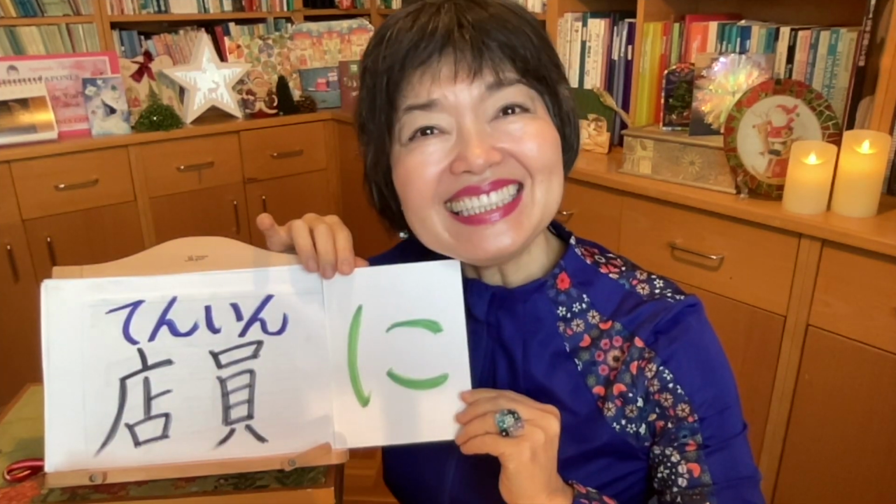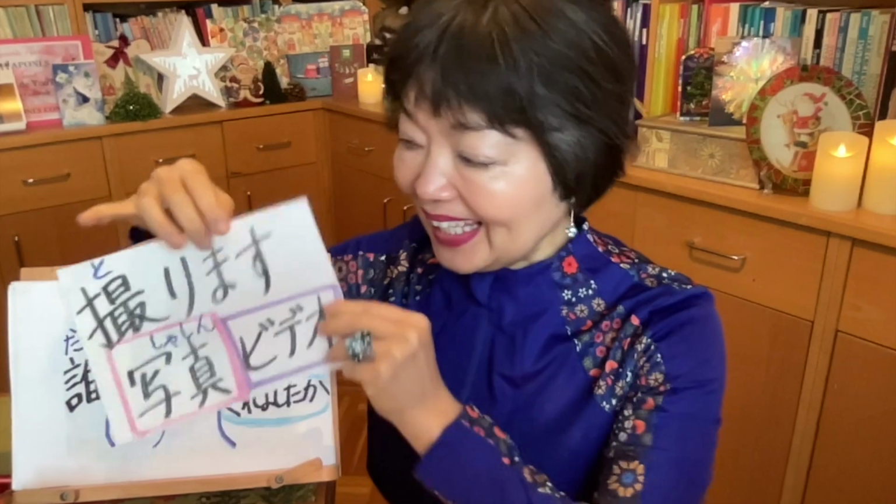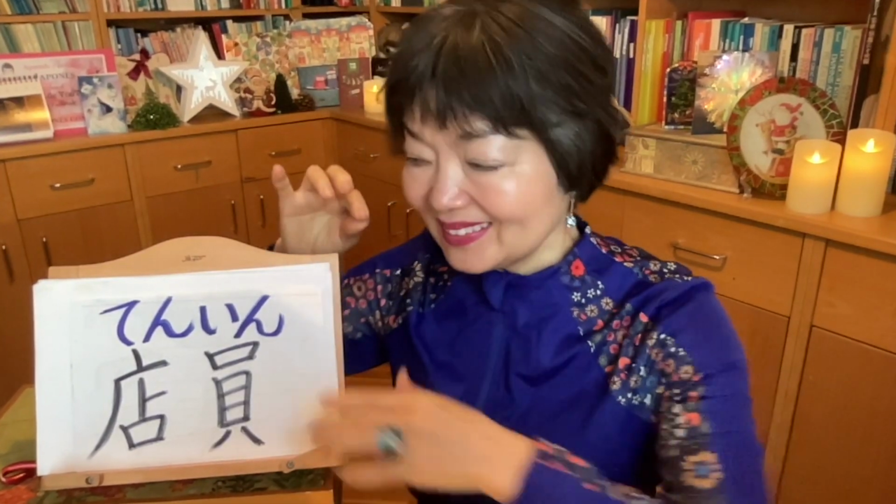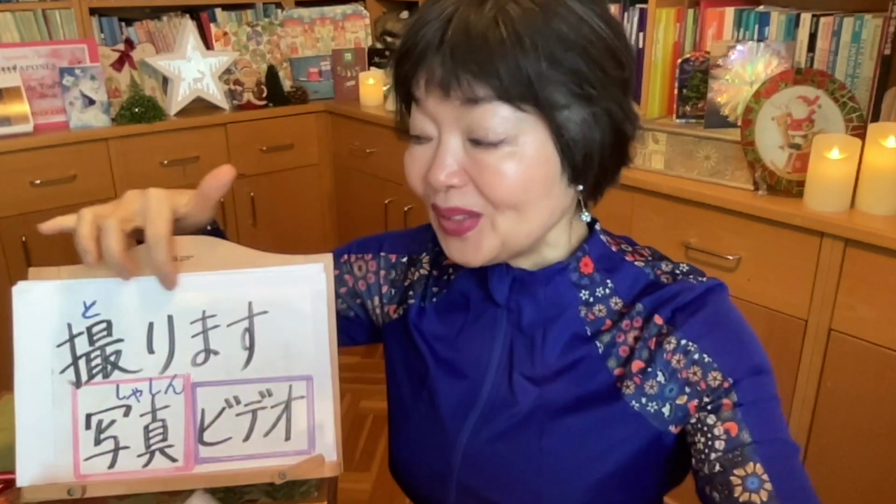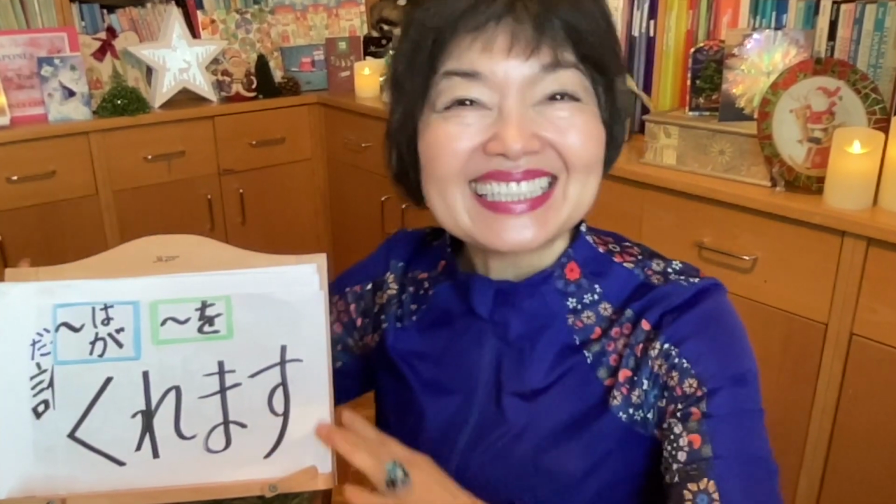This is 店員 or 店員さん。店員さんに写真を撮ってもらいました。店員さんは写真を撮ってくれました。So when someone does a favor for us, we use the te form of the action verb, and くれます.